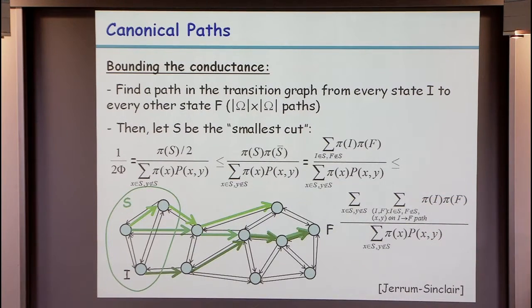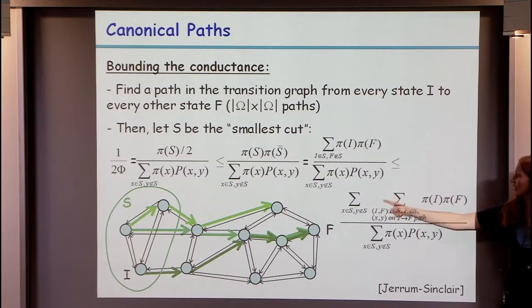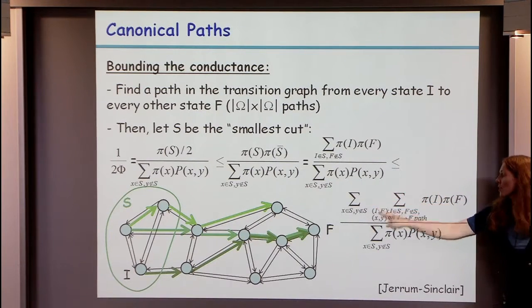And now with a simple averaging argument, if I give you a set of n numbers and I take the average, we know immediately there's going to be one number that is going to be bigger than the average, or at least as big, right? So the same kind of an idea applies here. I'm going to now take the ratio of just the inner parts of these two summations.